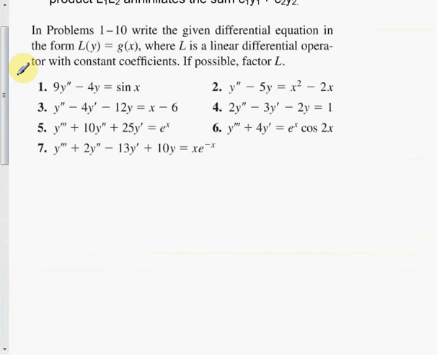So if possible, factor L. So for example here, if we take number 3, number 3 becomes d squared minus 4d minus 12 applied to y is equal to x minus 6.